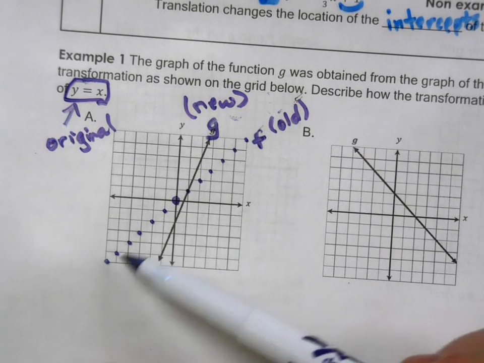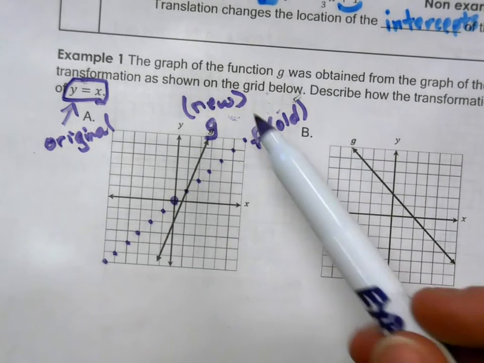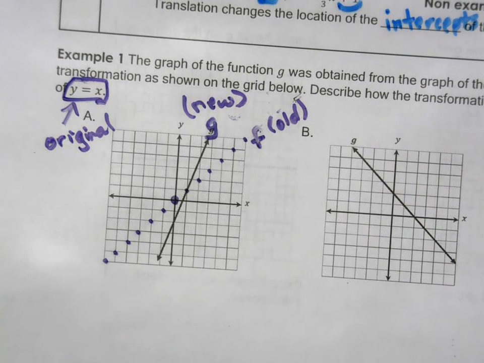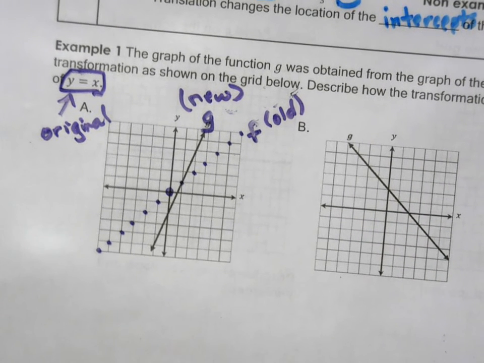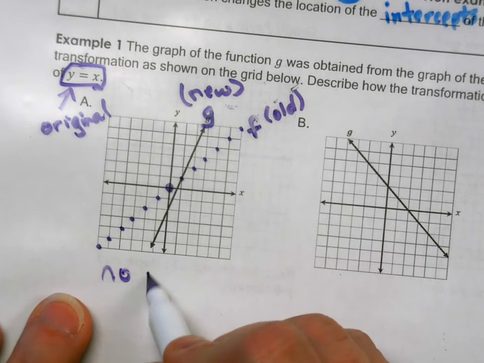So looking at my old graph, which is the f of x line, and the new graph that they gave me, was there a reflection? Because that's my first step. Check for a reflection. Was there a reflection, or do they both still have a positive slope? They both still have a positive slope, so there was no reflection.